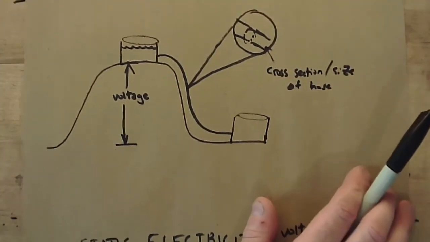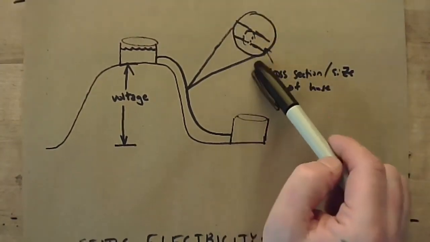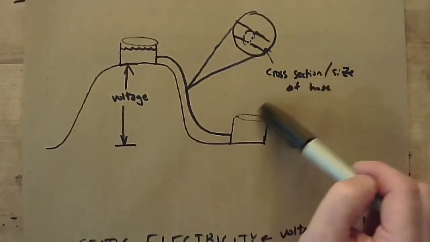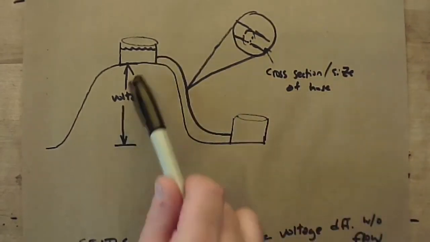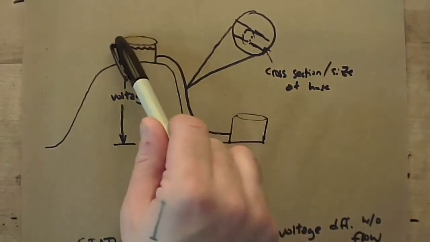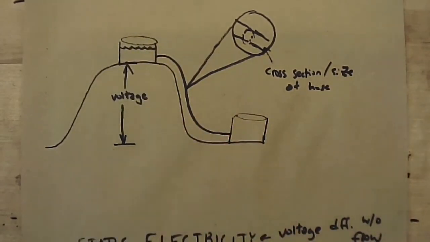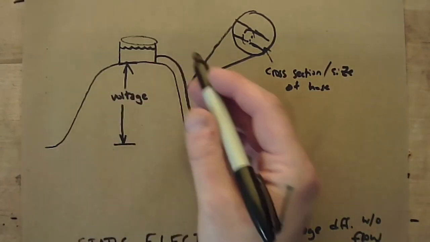The cross-section of our hose is not the only thing that's coming into play for how fast our water is going to flow, right? The voltage also is going to determine how fast the water is going to flow.